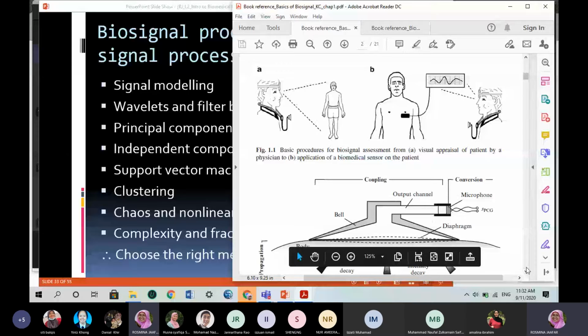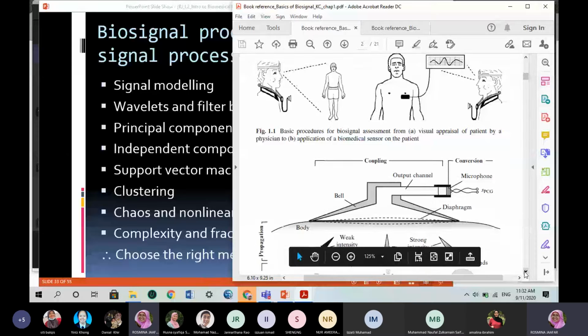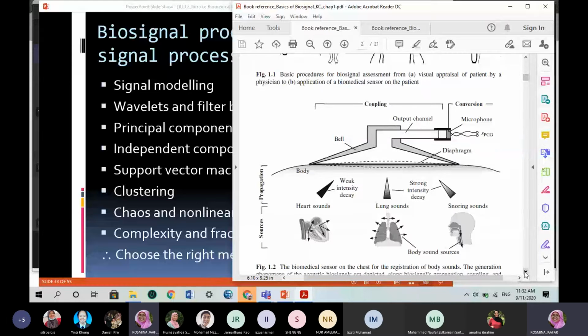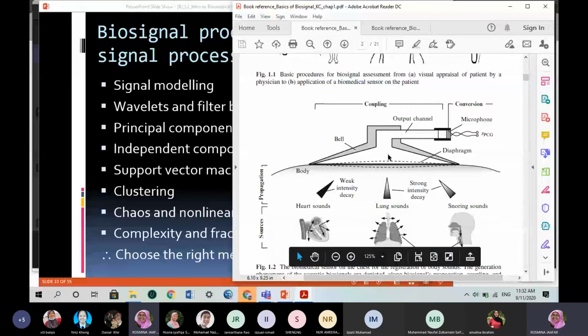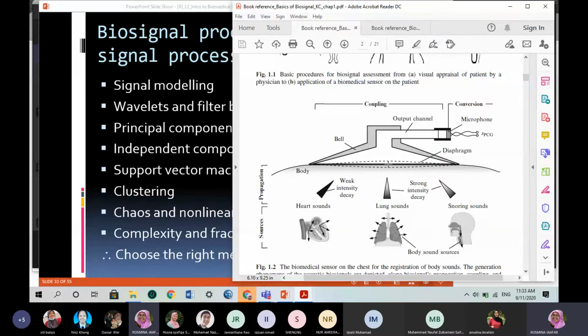Okay, this is a diaphragm microphone for stethoscope model. The basics of a stethoscope is simply it must have a diaphragm. The vibration of the diaphragm amplifies the sound coming from the vibration, and through the earpiece you can listen to the sound.